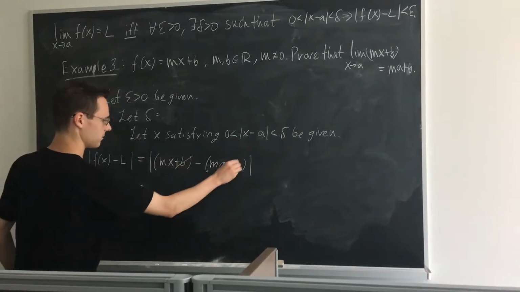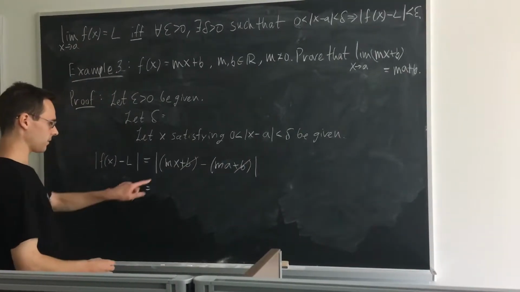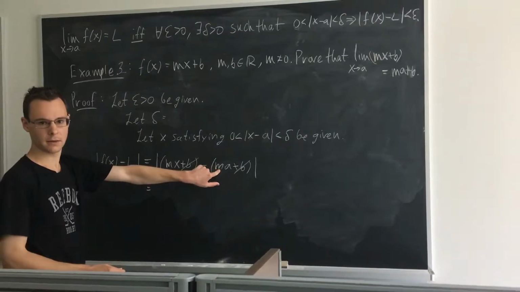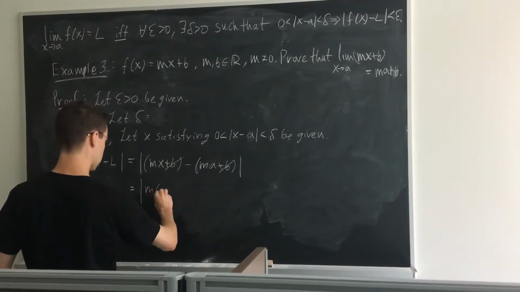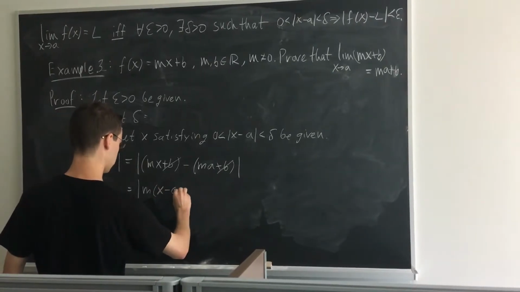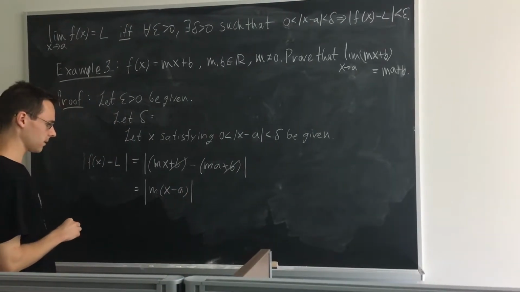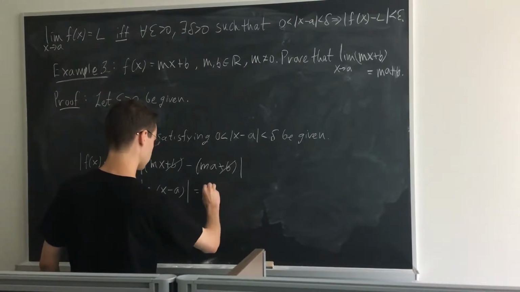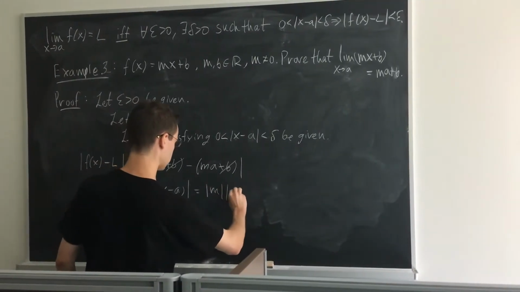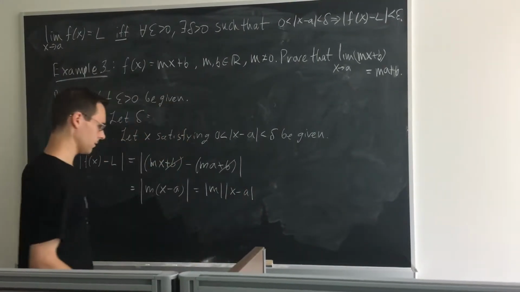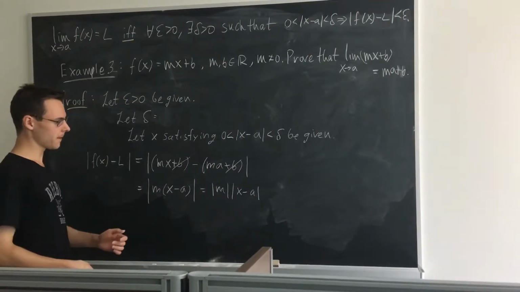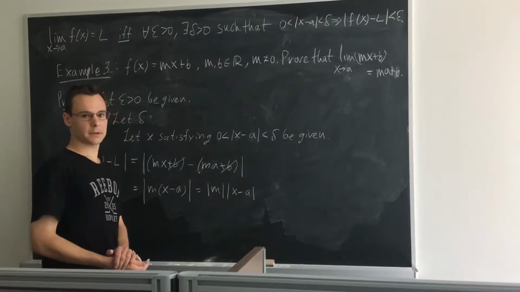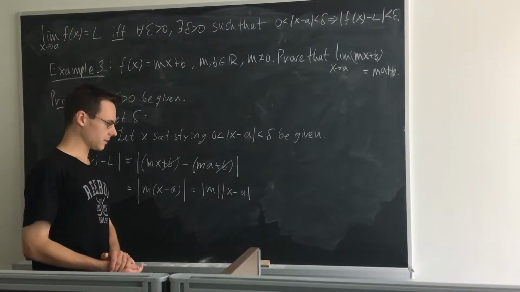The b's cancel out. And what do we have? We have mx minus ma. And the m is common and it will factor out. So we'll have m times x minus a inside the absolute value, which, by the way, is equal to the absolute value of m times the absolute value of x minus a, because an absolute value splits over a product of real numbers. And we have a similar situation as in the first example.